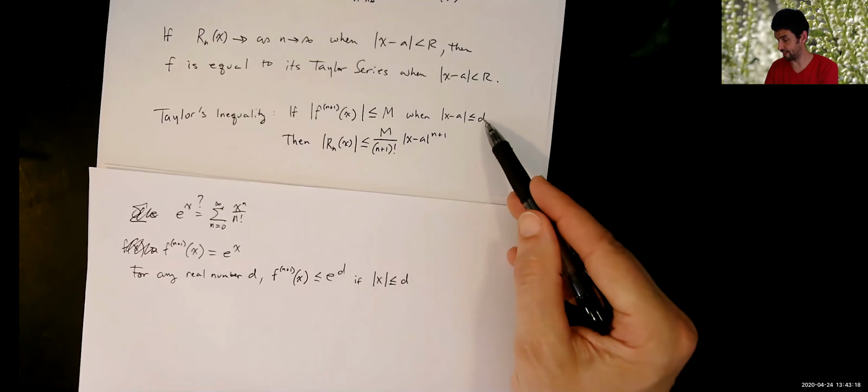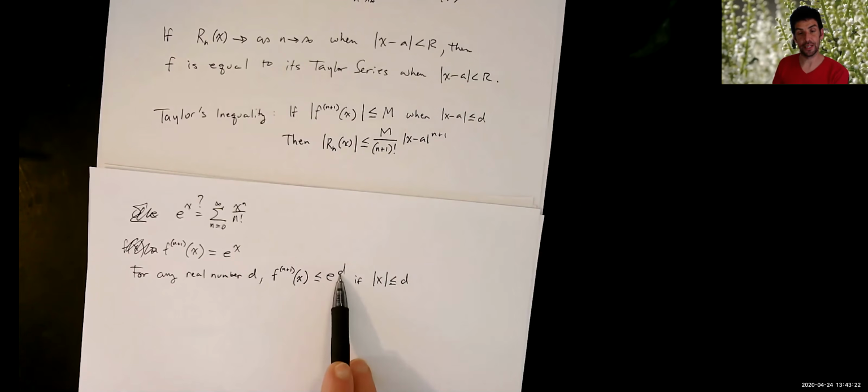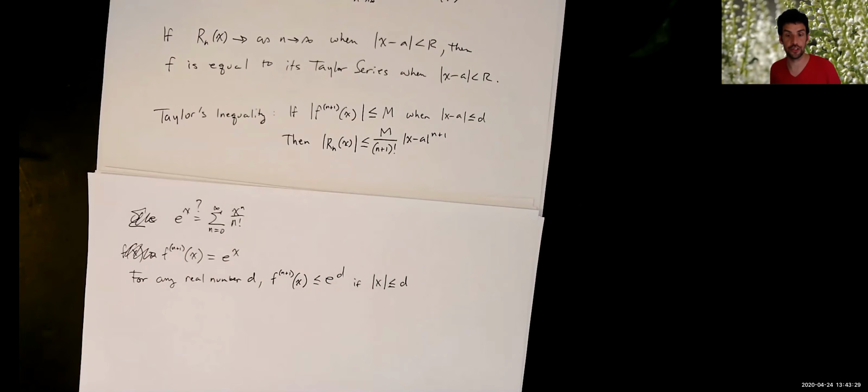So this is just this line, right? Think about the exponential. If we pick a number d, the exponential increases. For all values of x below that, our function is going to be smaller.